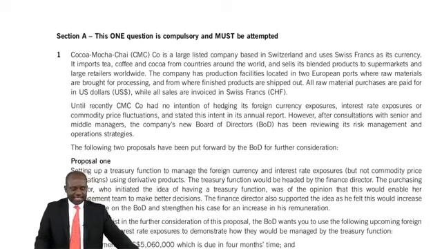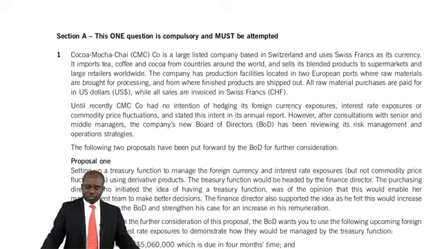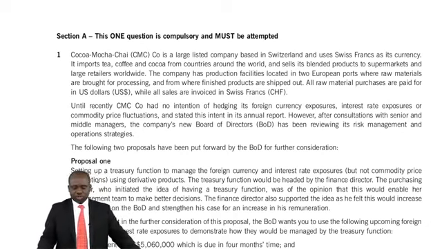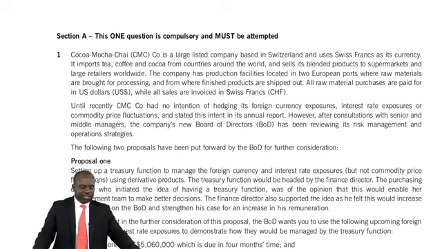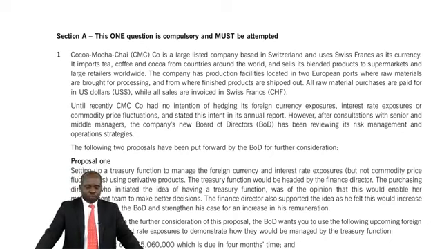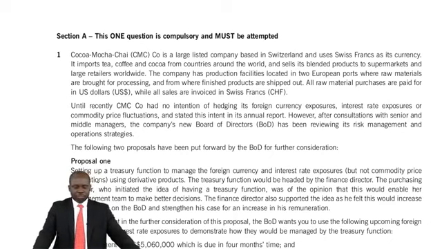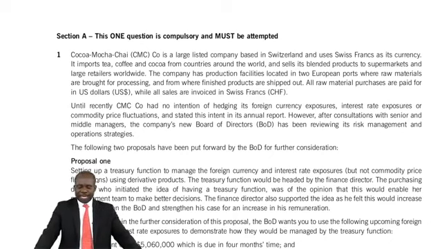is a large listed company based in Switzerland and uses the Swiss franc as its currency. It imports tea, coffee, and cocoa from countries around the world and sells its blended product to supermarkets and large retailers worldwide.